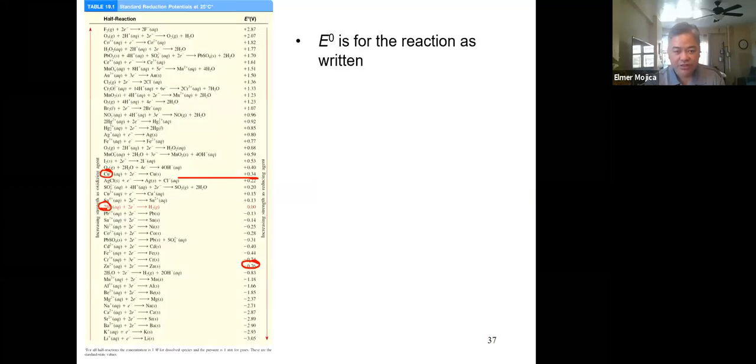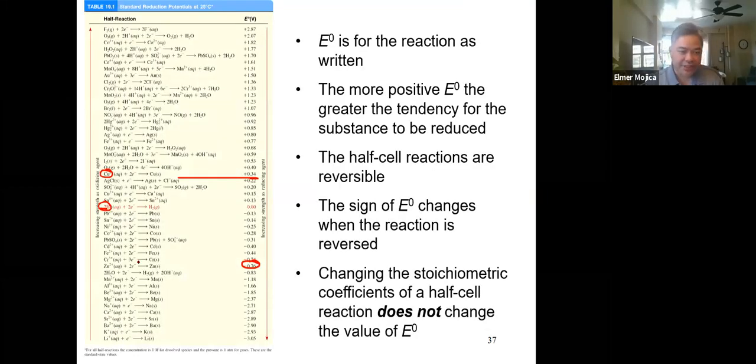Okay? So the thing that you need to remember here, as we discussed, the lower it is, the more likely it will oxidize. The higher the reduction potential, the more likely it will be reduced. And if you're going to combine the highest and the lowest, it will give you what?